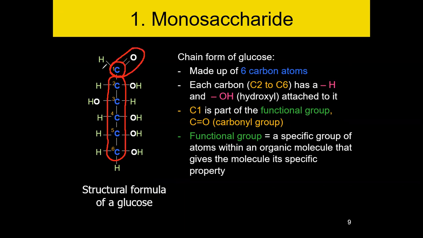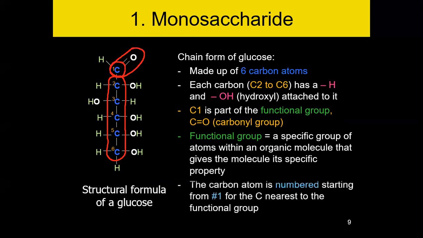Therefore, the carbon atom is numbered starting from number 1 for the carbon that's nearest to the functional group. So that's why the numbering here is number 1 here, followed by number 2, 3, 4, 5, and 6. That's how we number the carbon in any organic molecule.